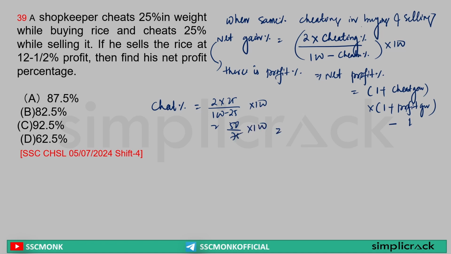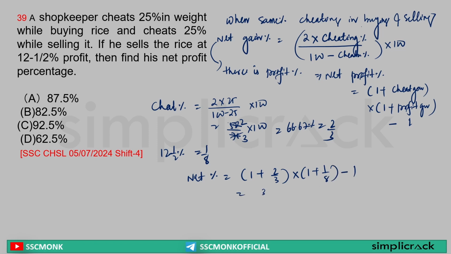Or I can write, sir, 25 2s are 50, 25 3s are 75, 2 by 3, that means 66.67%, or this can be written as 2 by 3. Now gain percent is 12.5, that means 12 1 by 2% is equal to 1 by 8.